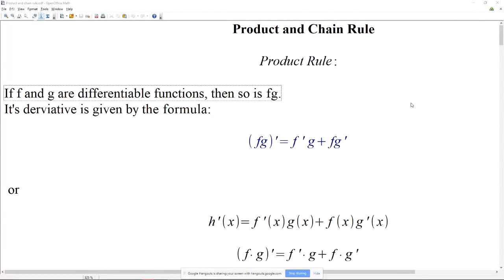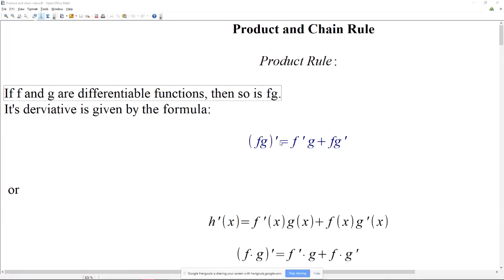Now, there are different ways to write this. Here's where the confusion comes in calculus. This has already been the issue that I had. Depending on what book you read, what video you watch, what school you go to, you can have different notation for the same thing. This is the primary formula. The way I like this formula is that I can just set it up and go fg, fg, fg, and then I put in the little apostrophe-looking thing.